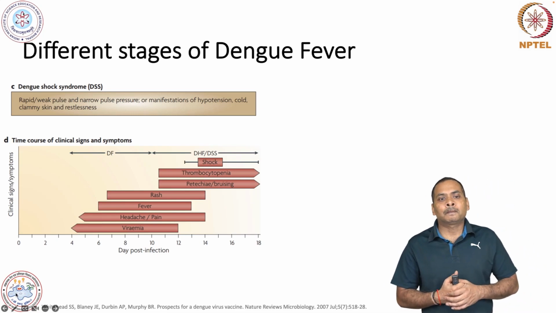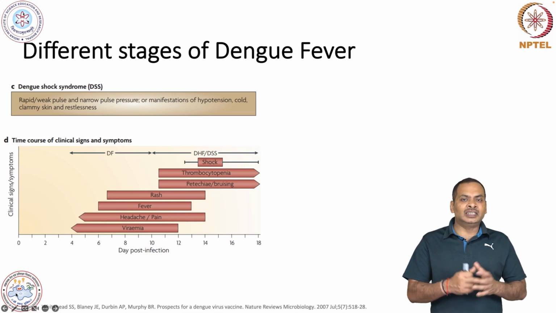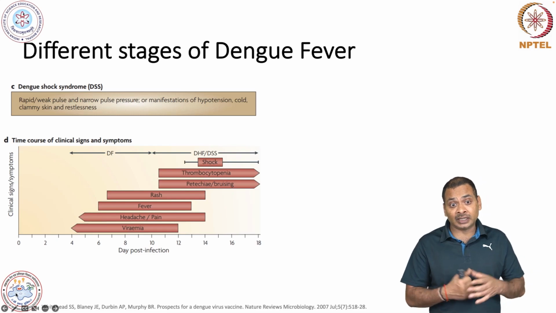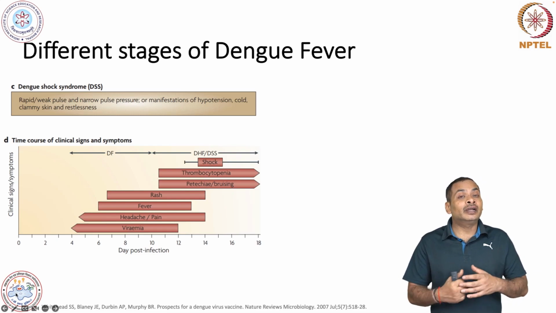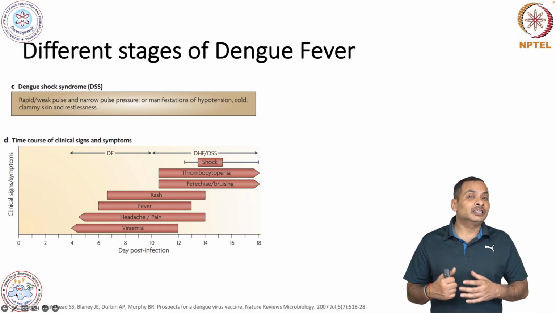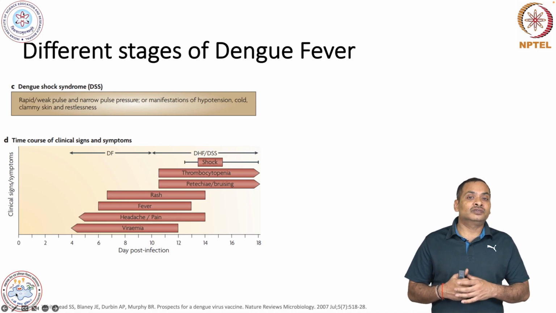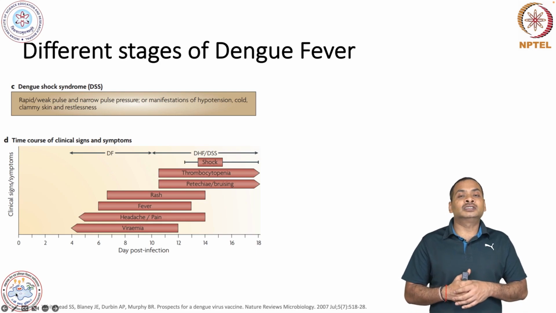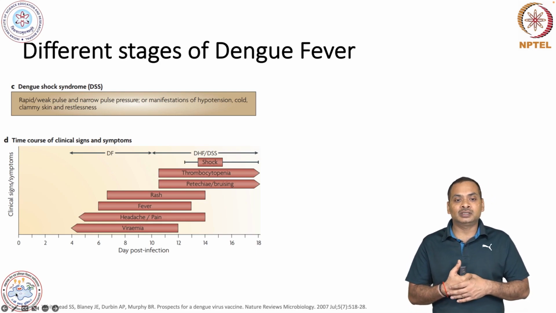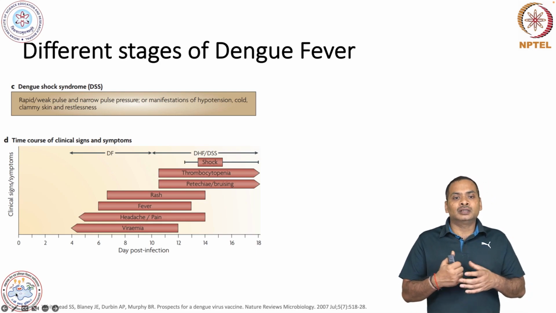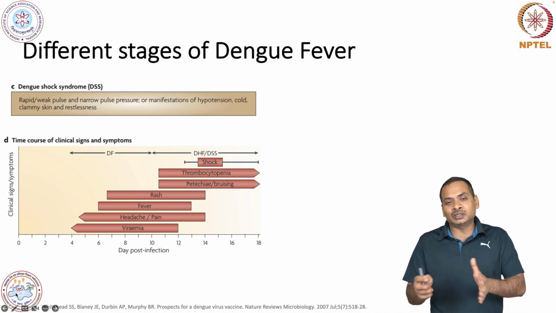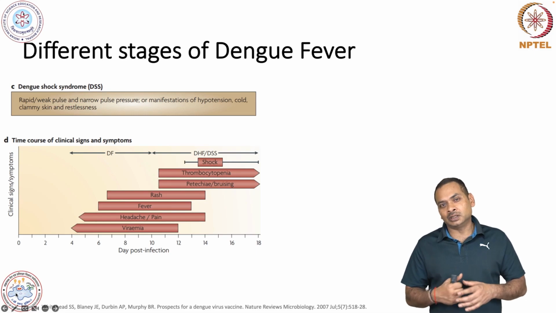Generally things are managed at this stage, but if not, the individual may enter the dengue hemorrhagic fever or dengue shock syndrome condition, which consists of patchy bruising, thrombocytopenia, and shock. Shock is a more complicated situation.